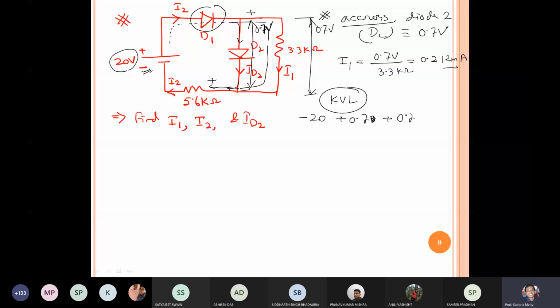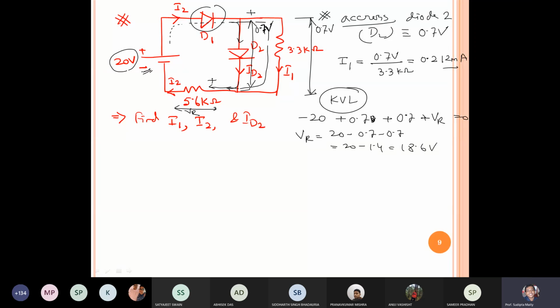Then again plus 0.7 volt. Then plus VR, I am assuming this voltage is VR, and that equals 0. So from this I can compute VR equals 20 minus 0.7 minus 0.7, so 20 minus 1.4, so 18.6 volt.